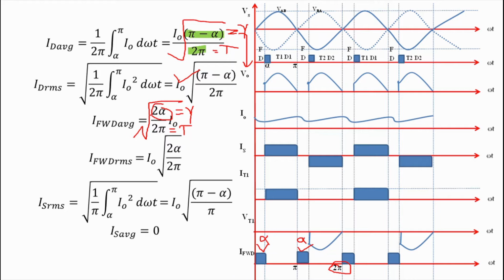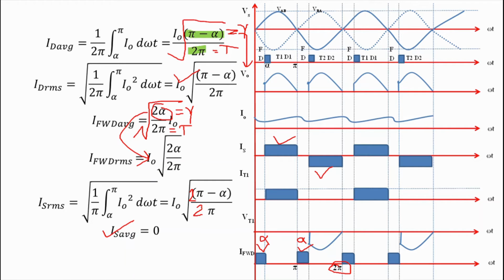Now see, during period 2 pi, we get plus I naught for period pi minus alpha and minus I naught for period of pi minus alpha. So average value of source current is equal to 0, while for RMS value we have to square the rectangular waveform.